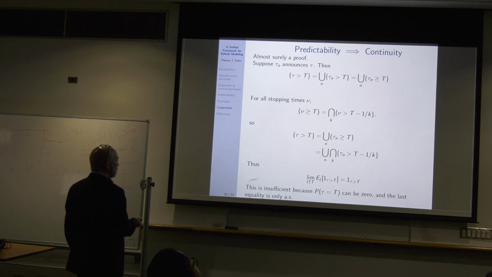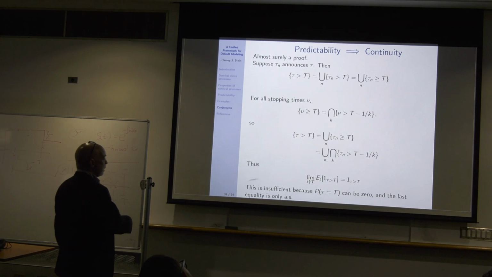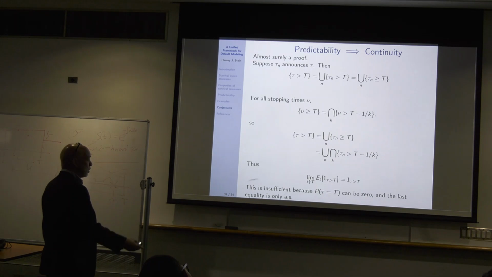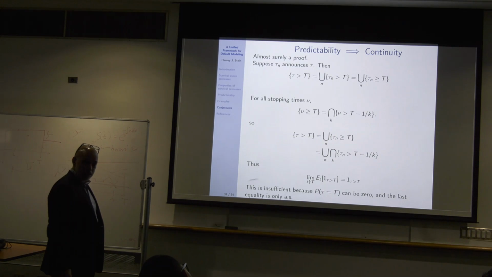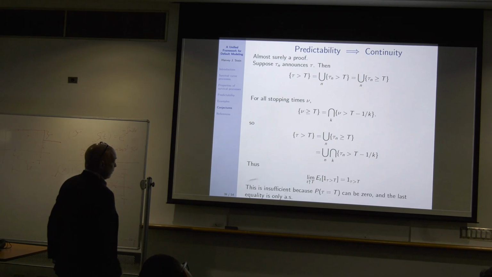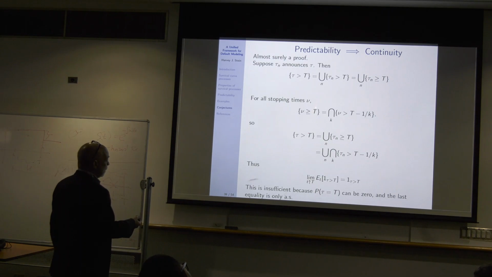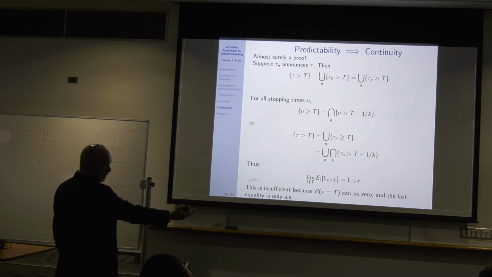Now, for any stopping time nu, the set of states for which it's greater than or equal to cap T is the intersection of the sets of states where it's greater than or equal to cap T minus 1 over k, because these sets are nested.